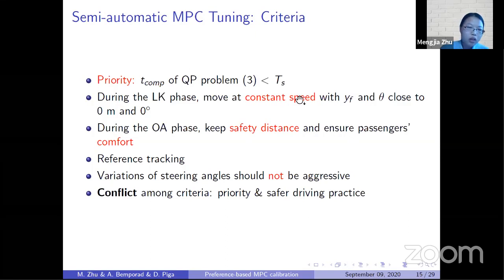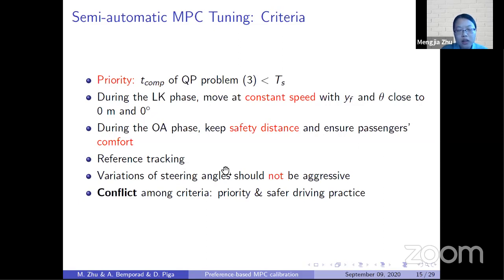These are the criteria that are used to assess the closed loop performance of experiments. The first priority is that the computational time of the QP in the MPC needs to be smaller than the sampling time. Then during the lane keeping phase, the controlled car needs to move at a constant speed with vertical position and steering angle close to 0 meters and 0 degrees. And during the obstacle avoidance phase, the controlled car needs to keep a safety distance and ensure passengers' comfort.